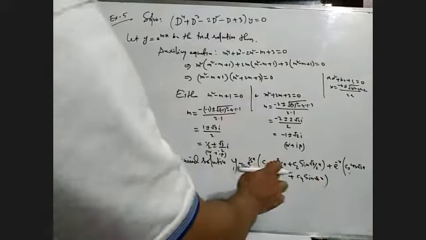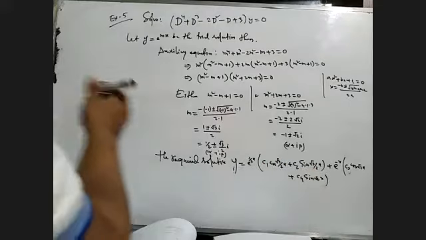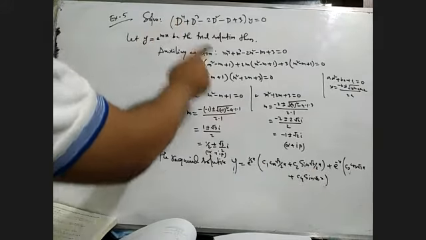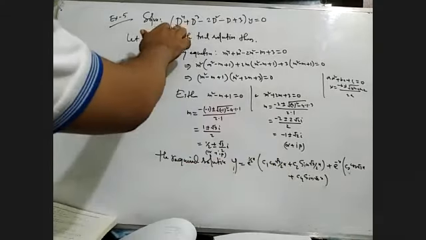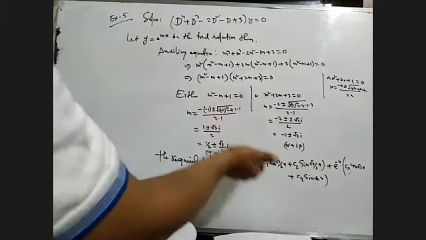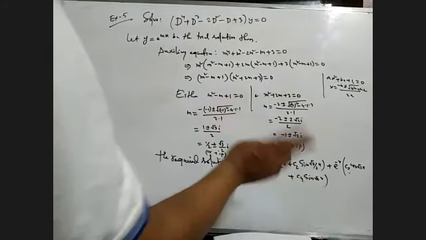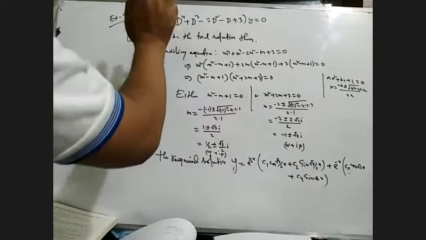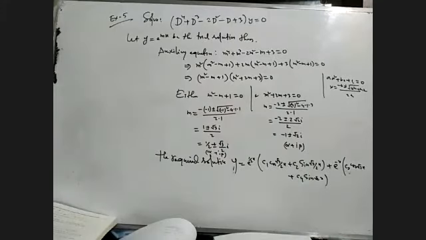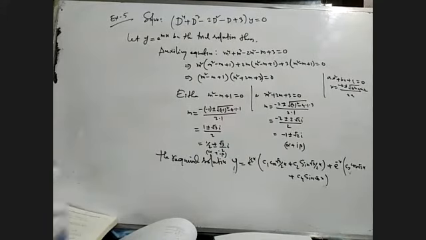So remember this, how many constants are there here? 4 constants because the order is 4. If the order is 5, then there will be 5 constants. If the order is 2, then the constants will be 2. And if the order is 7, how many constants will there be? 7 constants. And if the order is n, how many? N number of constants in the general expression.